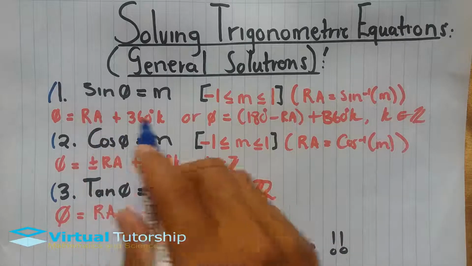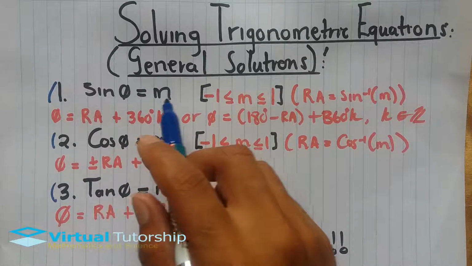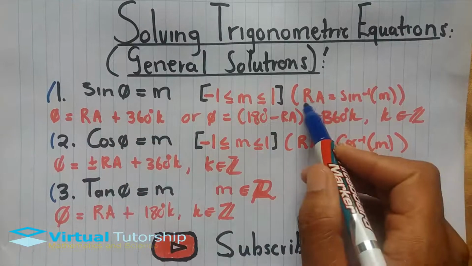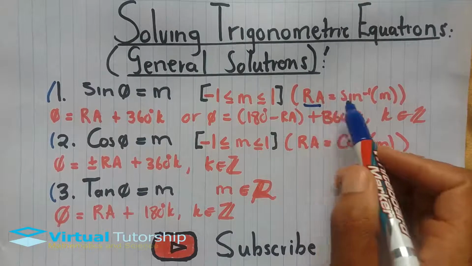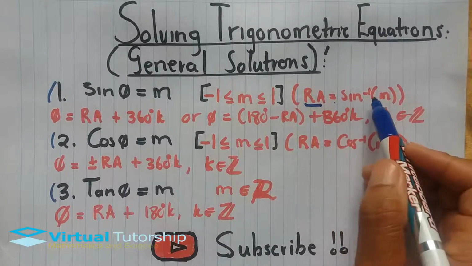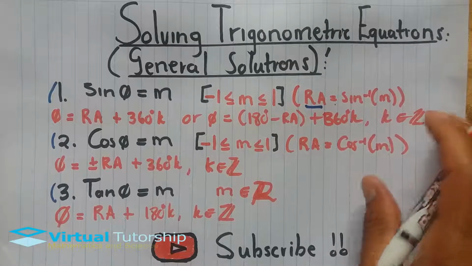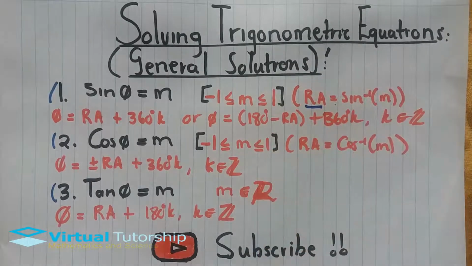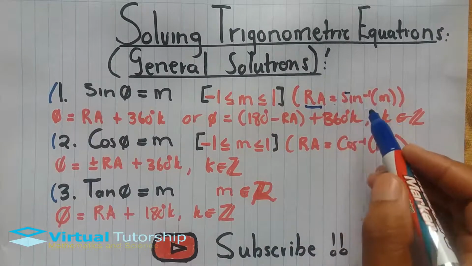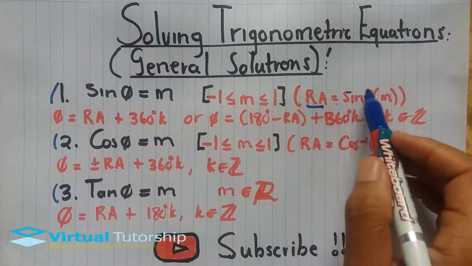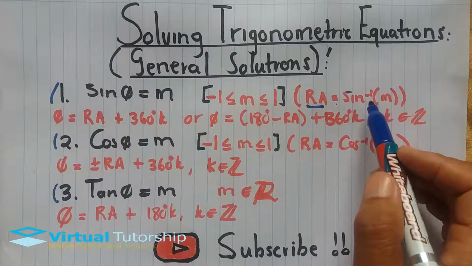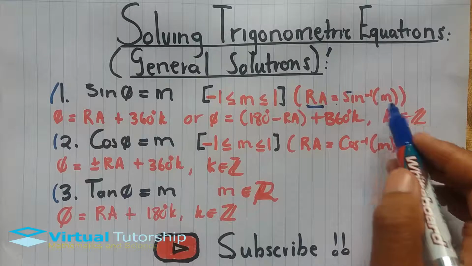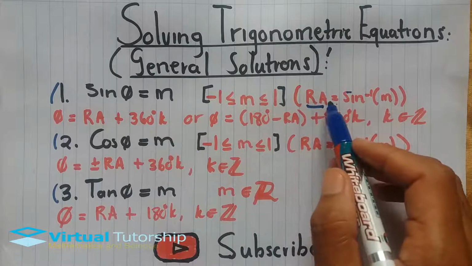In order to get a general solution for any trigonometric function, you need to find a reference angle, which is equivalent to the inverse of that trigonometric function. In this case it's sine inverse of m, which will give us our reference angle.